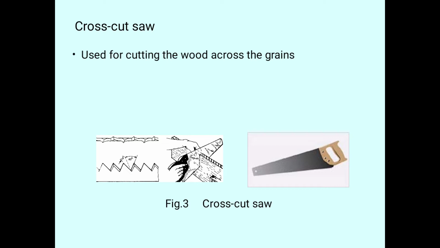So previously for the rip saw, we can see that it cuts the wood along the grains, but here the cross cut saw cuts the wood across the grains, not along the grains. Across the grains, the teeth are pointed.